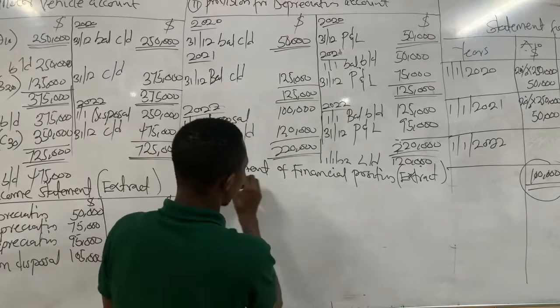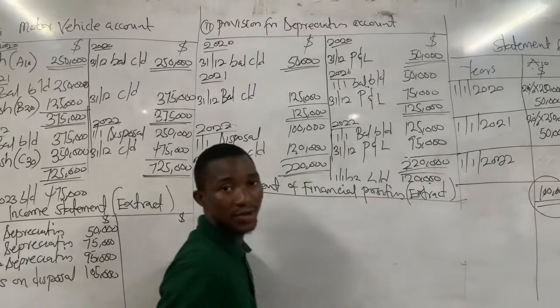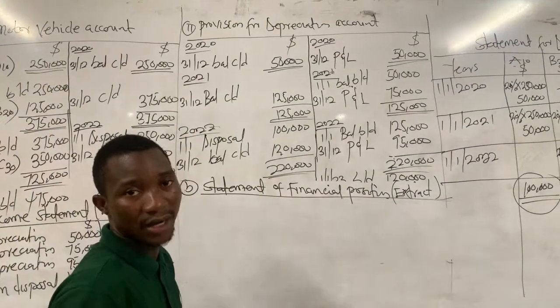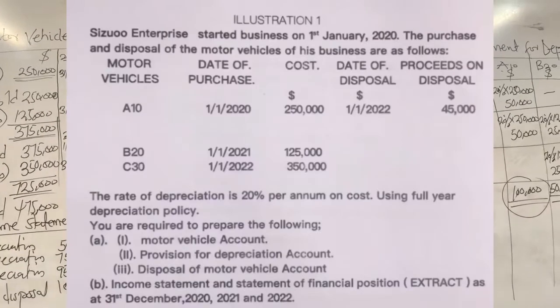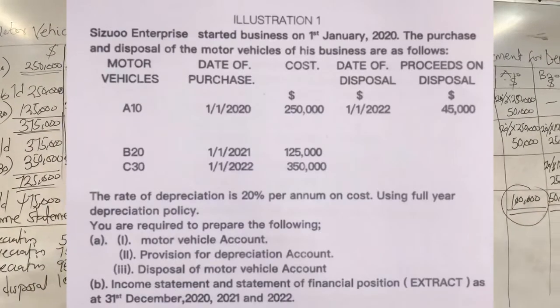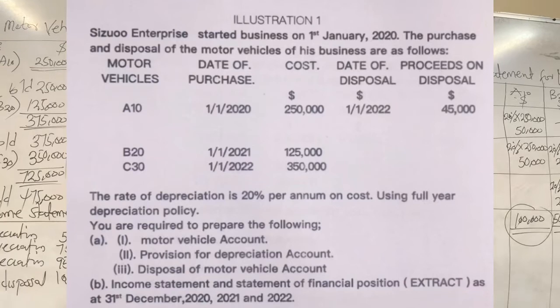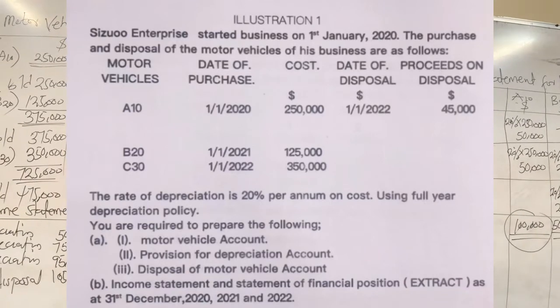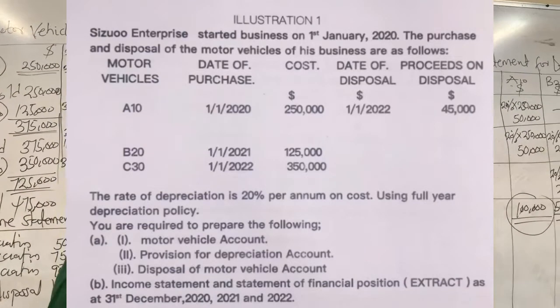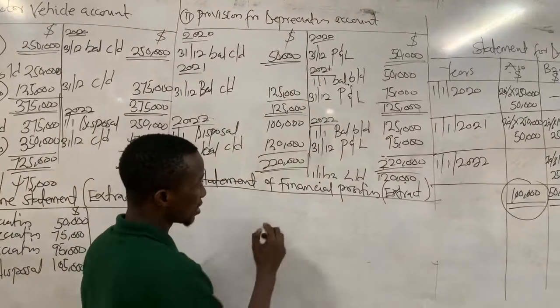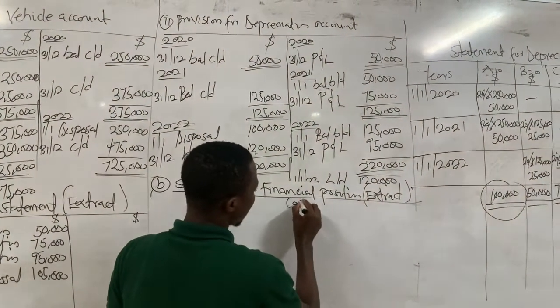This extract, it is for 2020, 2021, and 2022. So we have to look at the extract. Is that okay? So from our question, we have 3 different assets all together. Is that okay? But before that, let's consider the cost of the asset in question.